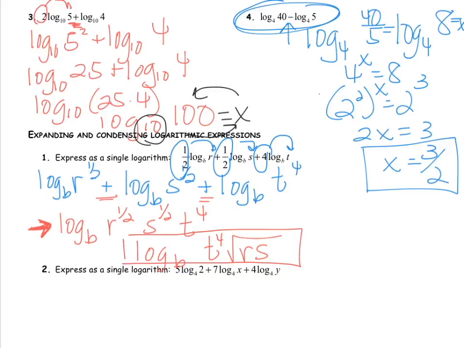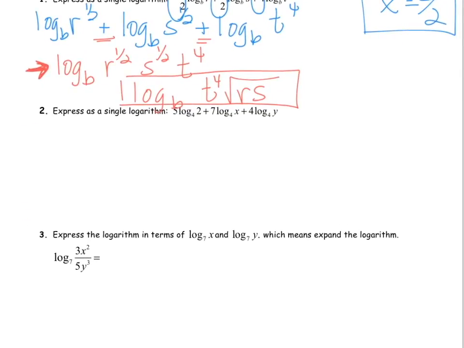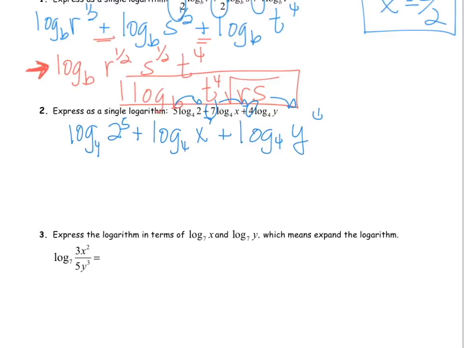I'm going to do the same thing on the next one. It says expressed as a single logarithm. So I'm going to take this 5 and make it an exponent. I'm going to take this 7 and make it an exponent. And I'm going to take this 4 and make it an exponent. So I've got log base 4 of 2 to the 5th plus log base 4 of x to the 7th plus log base 4 of y to the 4th.